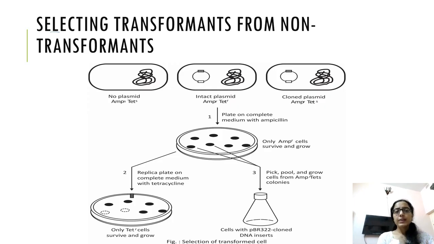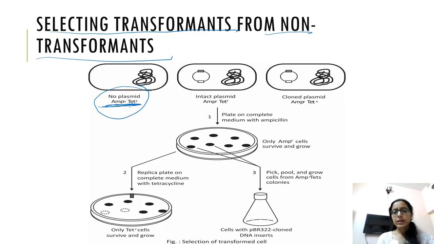Now, how do we select this transformant from the non-transformant cells? See, where there is no plasmid, the ampicillin and tetracycline resistant characteristics will be maintained. Here, with an intact plasmid, there is no effect.